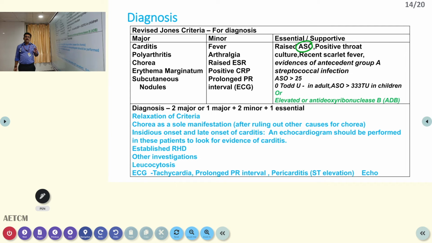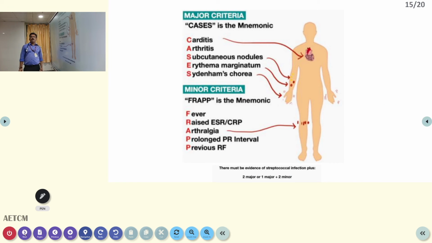But remember, somebody is having a fever, like a young child with fever, arthritis, especially large joints like knee joint, with some previous history of sore throat, you have to make a possible diagnosis of rheumatic arthritis, because the arthritis will be completely recoverable, but the heart disease, once occurs, that will be very dangerous. Patient can have permanent damage to his or her valves.